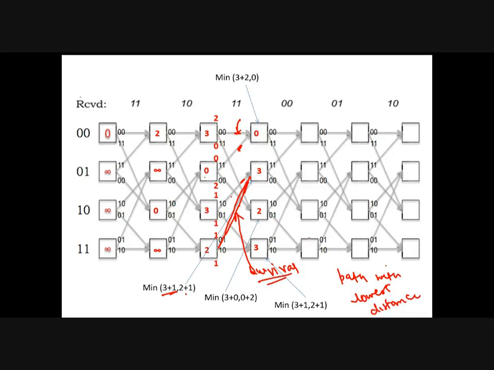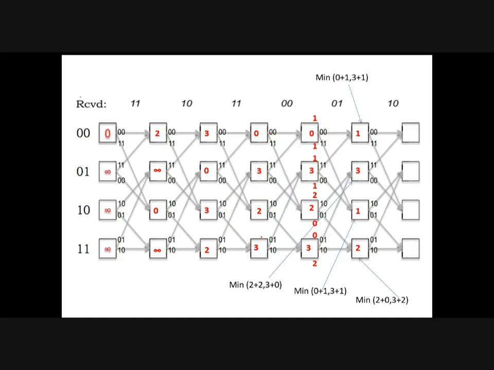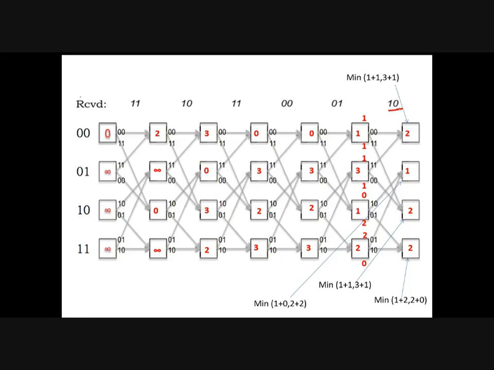Okay, so in the same way compare 2 and compare 3, and you will get this. Moving to this state, again 0 and 3, 2 3. We can move ahead until the last bit has been tackled.